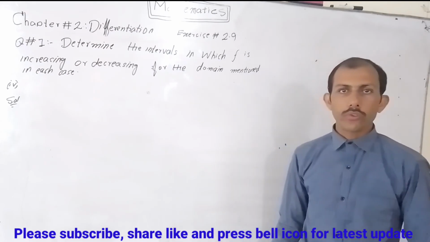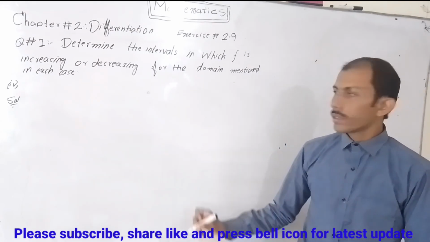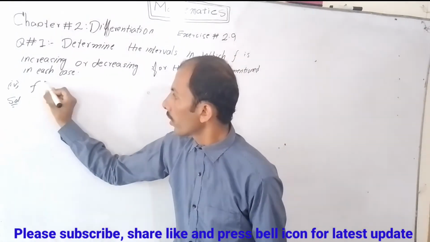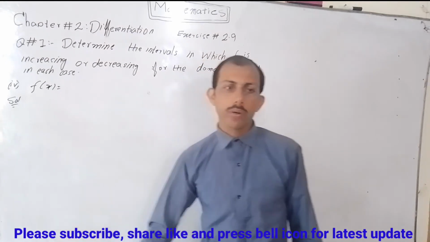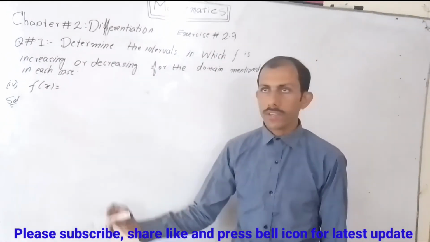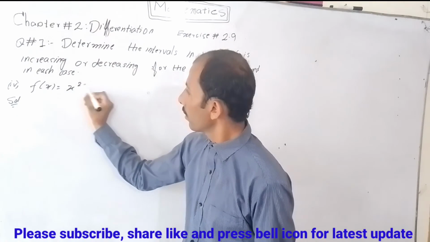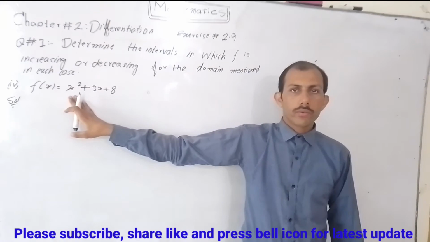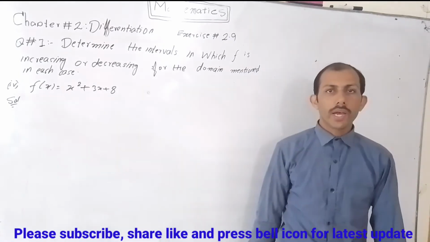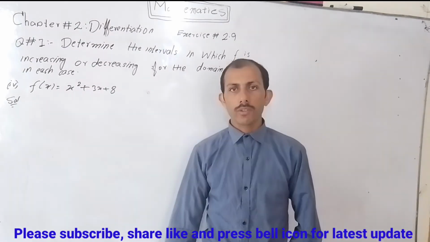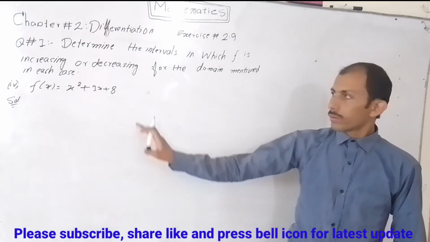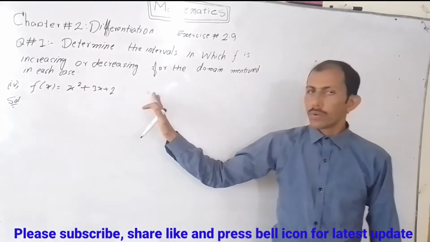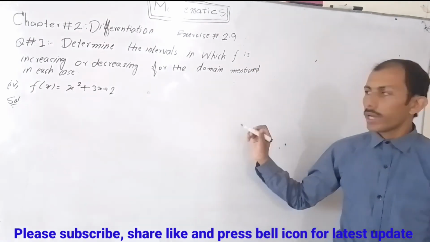For part 4, f of x is equal to x square plus 3x plus 2. Domain: x belongs to minus 4 to 1.